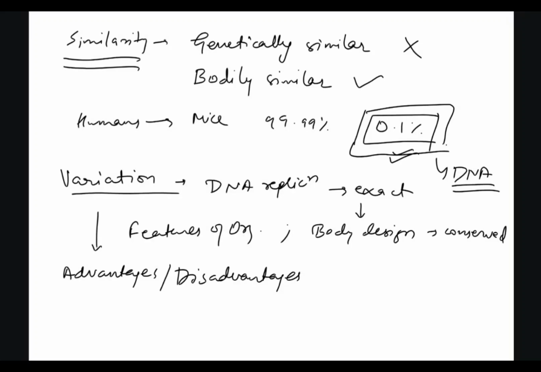So when we move to evolution and natural selection, as we have talked about before, you will get to know how variation brings out advantages and disadvantages in certain organisms. Now all organisms are exposed to environmental conditions. The natural selection that we have talked about comes from adaptability to the environment.